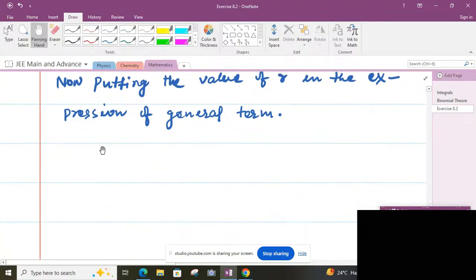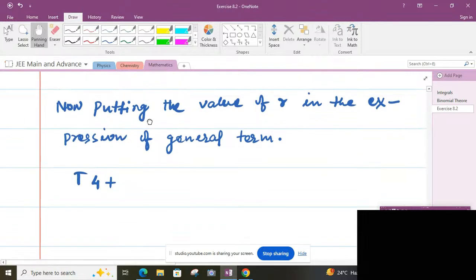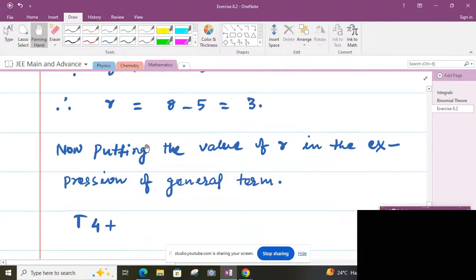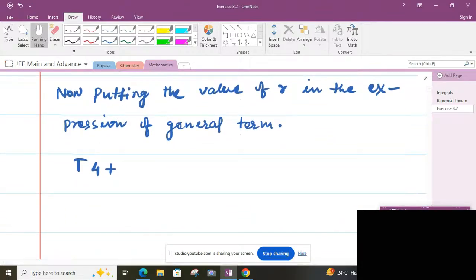T r plus 1, where r equal to 3, so here will be T 3 plus 1.